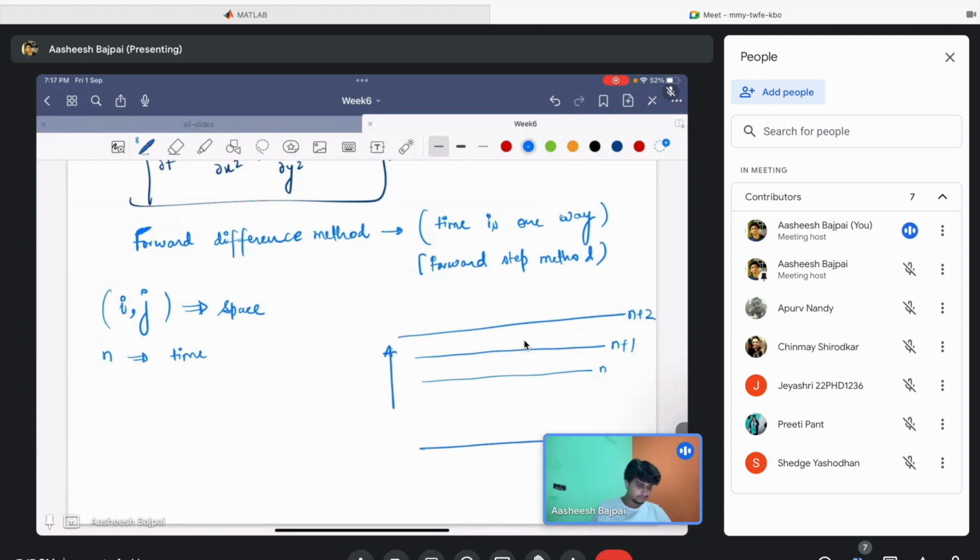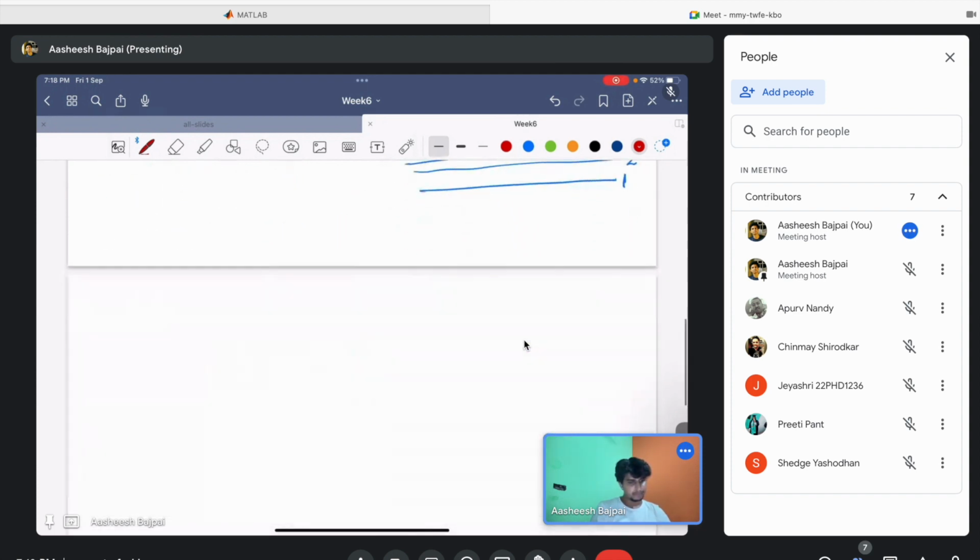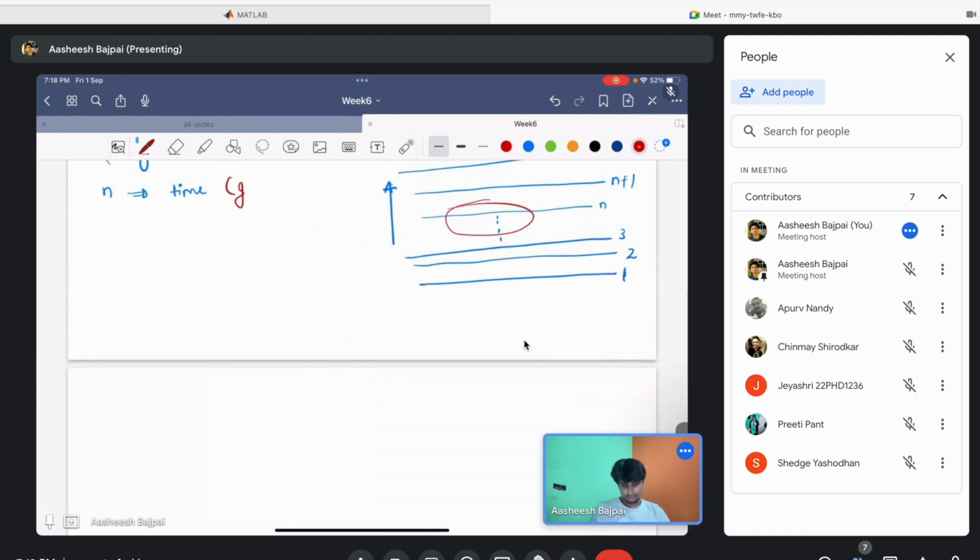So we have started from time 0 or time 1 according to the method. Time is equal to 1, time is equal to 2, time is equal to 3, and then we move forward to some time n, then n plus 1, n plus 2, and we move towards the steady state. Sometimes we need the in-between values also, then we can also solve this kind of equation. So generally we use it.